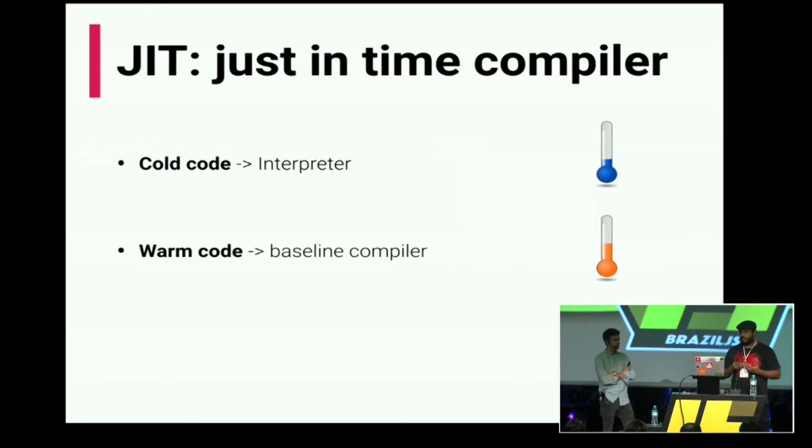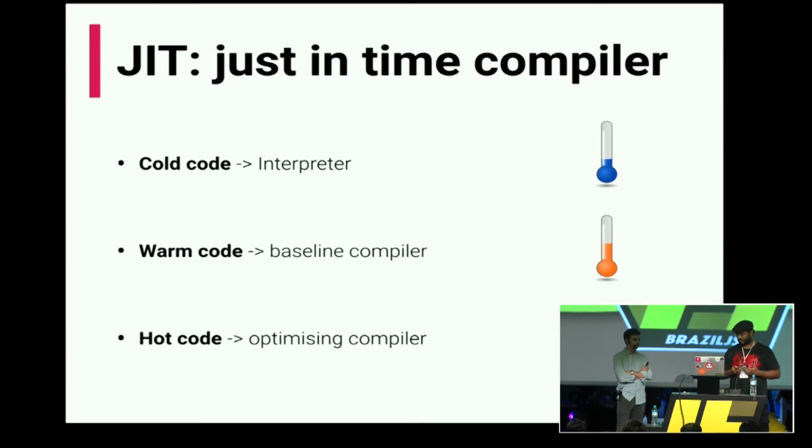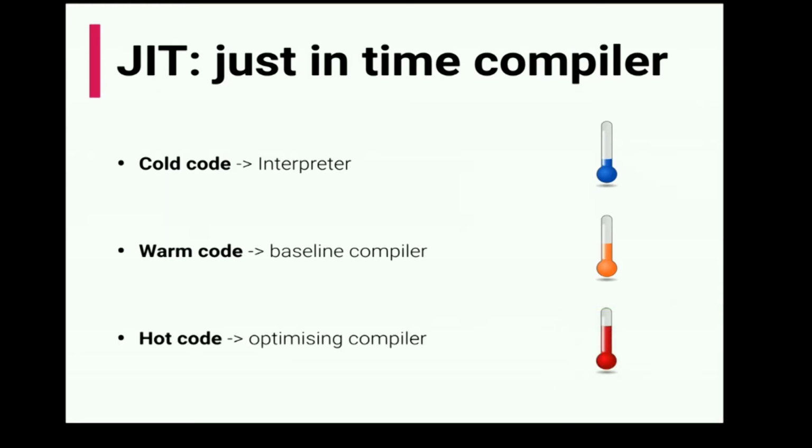When this piece of warm code is called several times, the profiler marks it as hot. When the code is marked as hot, the just-in-time compiler sends it to the optimizing compiler, which makes an even faster version of this code. It makes some assumptions based on things like the types of the variables and the shape of the object.